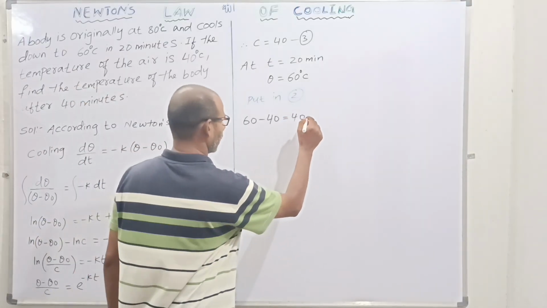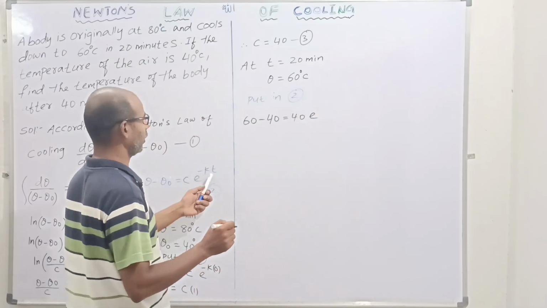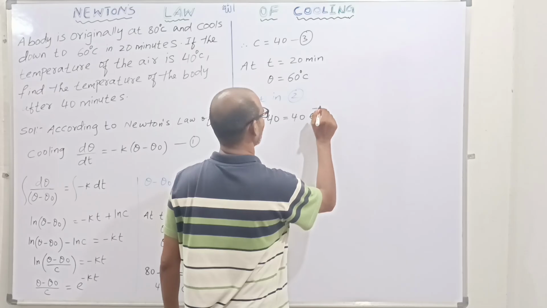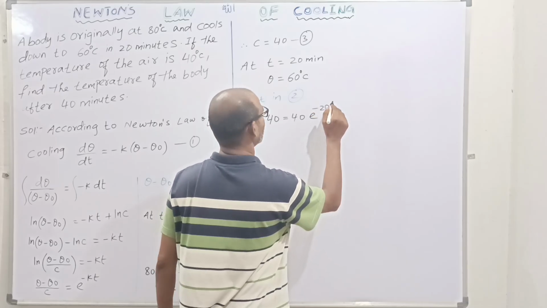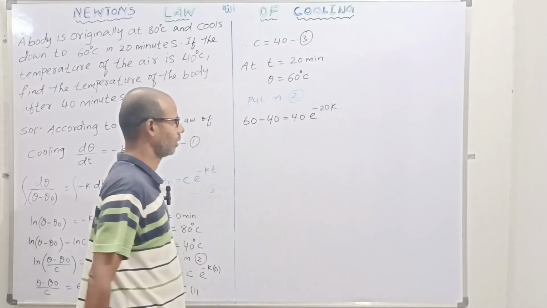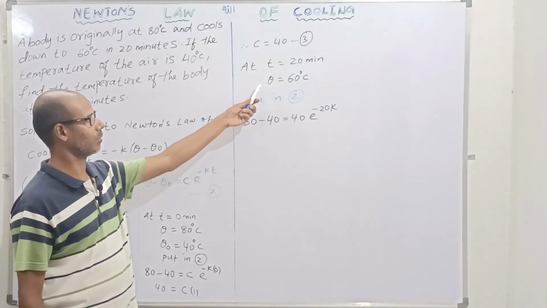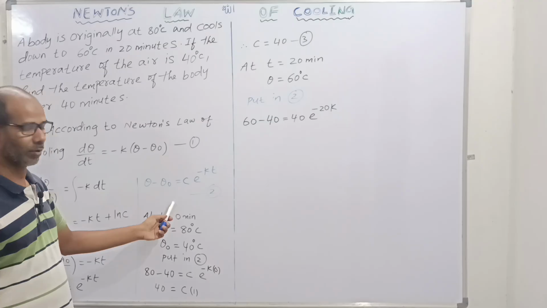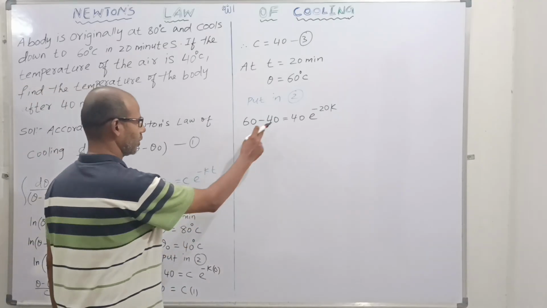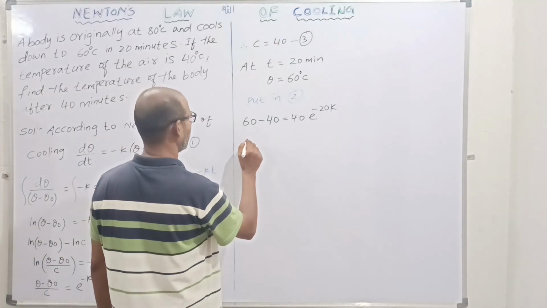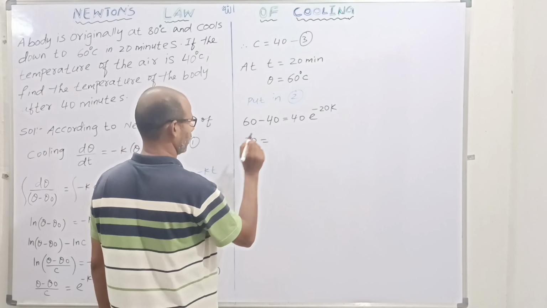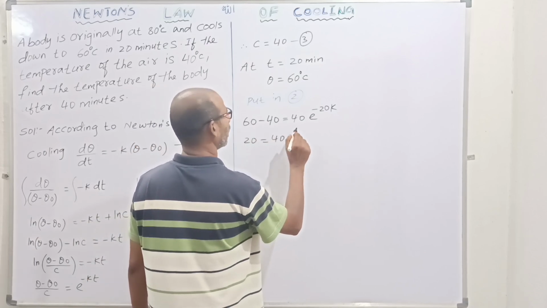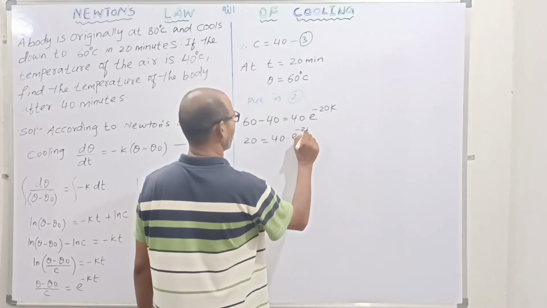into e power minus k into t, time is 20, so minus 20k, right? So we have just put these values, the C value, t value, theta and theta naught value in the equation. So 60 minus 40 is how much? 20 is equal to 40 into e to the power minus 20k.